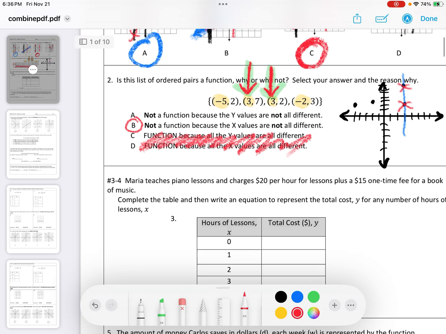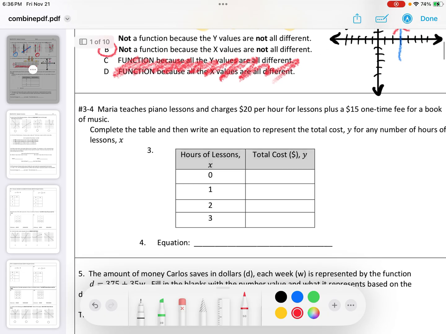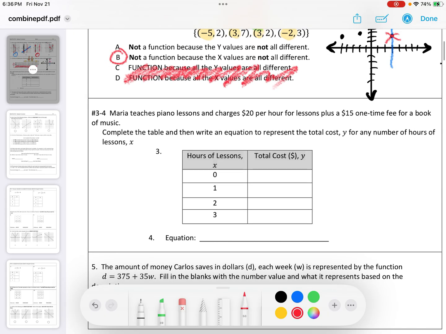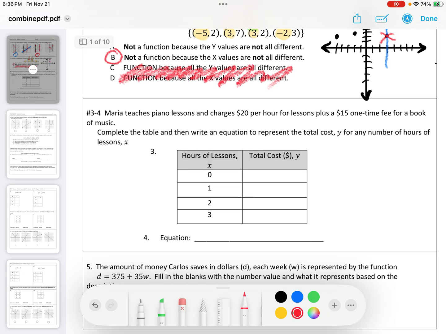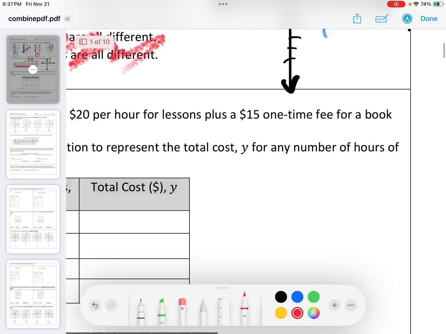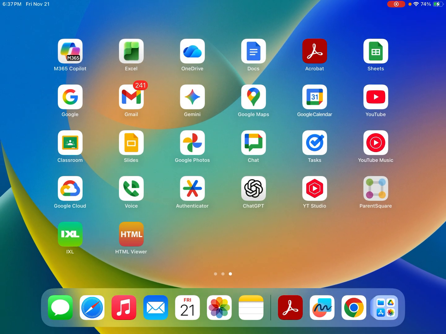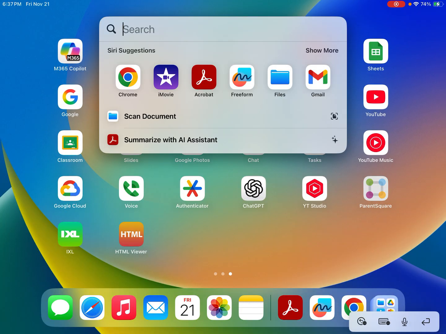Same question. Mario teaches piano lessons and charges $20 per hour for lessons plus $15 one-time fee when they first start. So this is called our initial value, the one we start with. Initial value. Whoopsies, pushed a button. Oh no, that's no good.